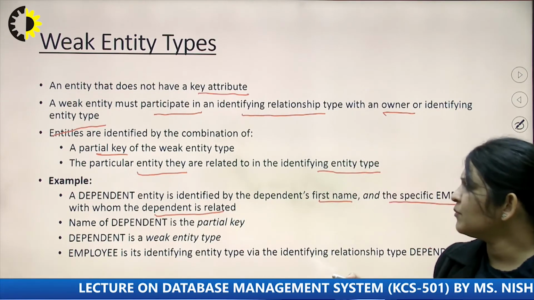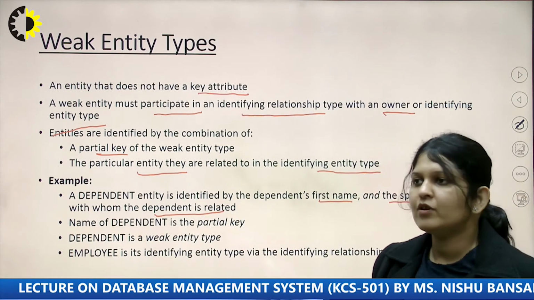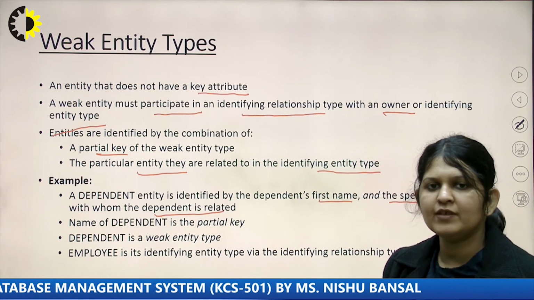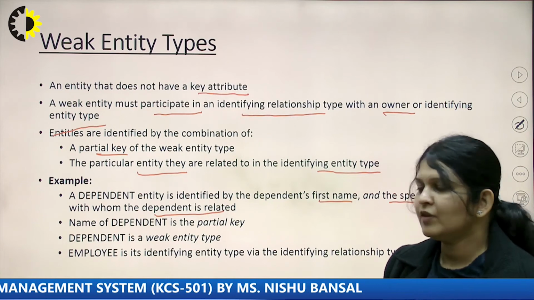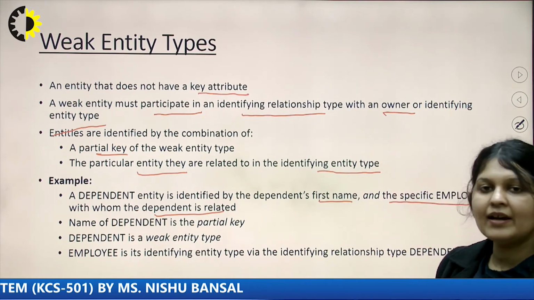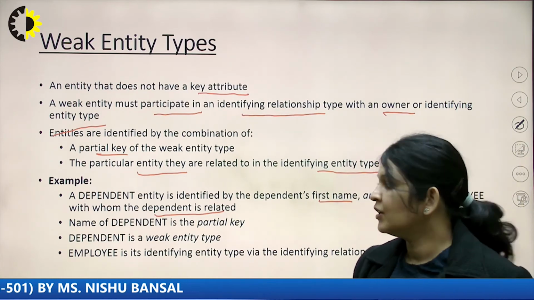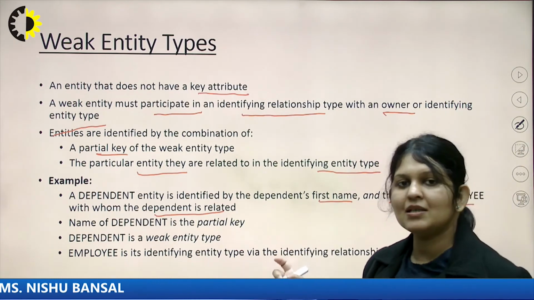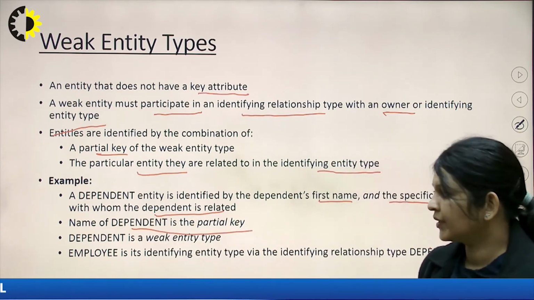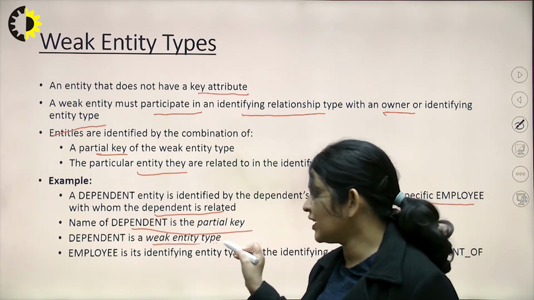An employee may have dependents, his wife, his children. So in the dependent entity we would be entering the details regarding the wife and children. We will identify each through their first name plus the employee ID. The name of the dependent is a partial key. Dependent is a weak entity type here.